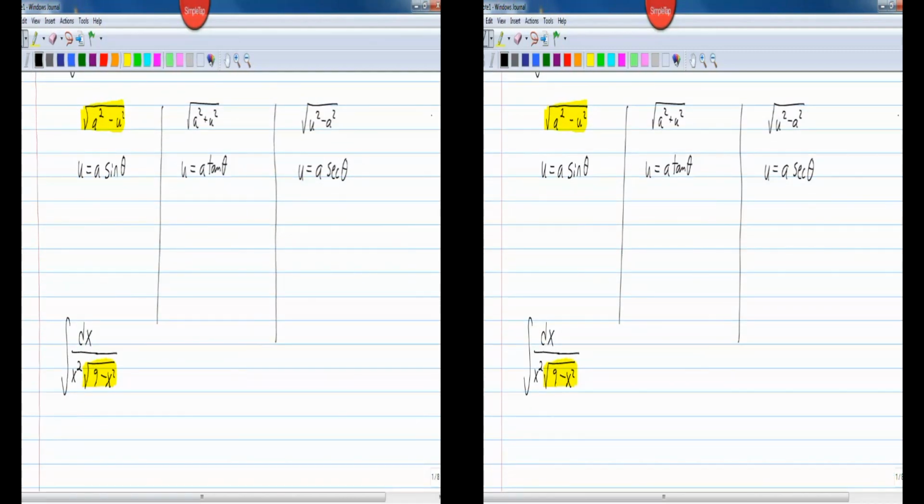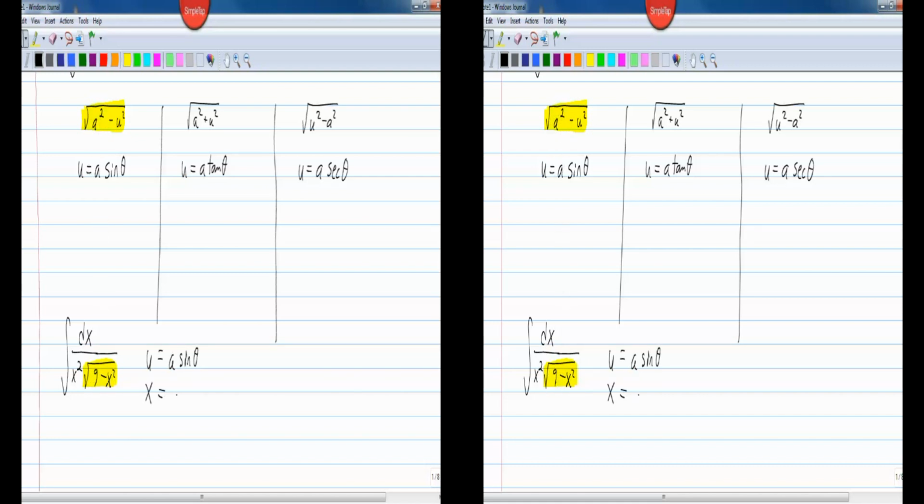So the first thing that you need to write down once you figure out you're going to have to use trig substitution is, what is our u? If u squared is equal to x squared, then our u is just equal to a sine theta, or x, that's what we're squaring, x is equal to, what's our a?